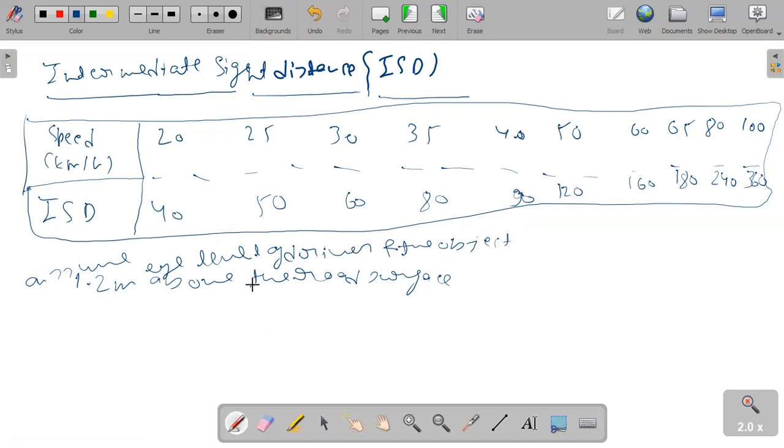Let's move further to the design of horizontal alignment, but not right now. We'll do it in our next part, part two of geometric design, where we'll see the design of horizontal alignment and many more.